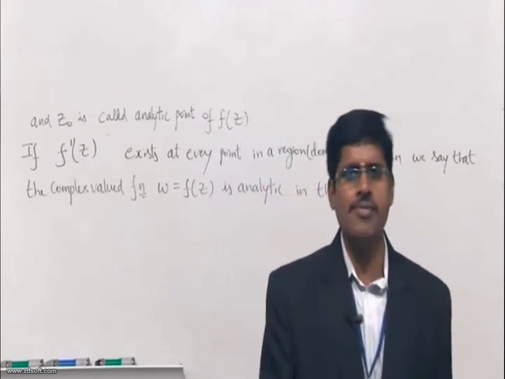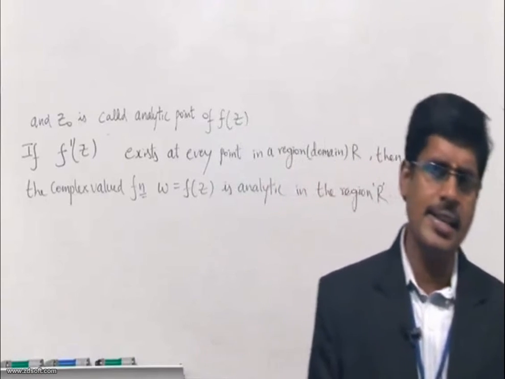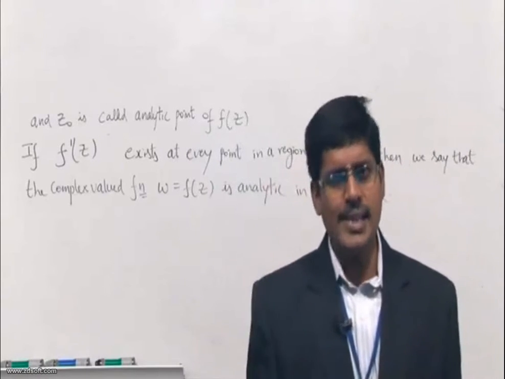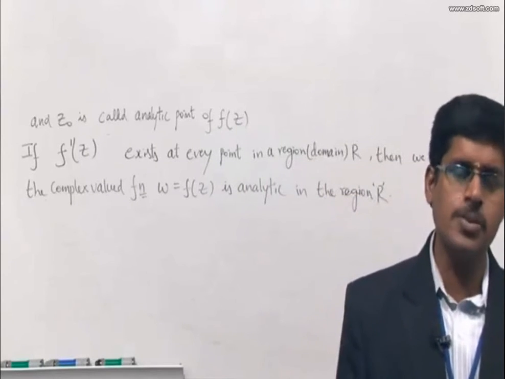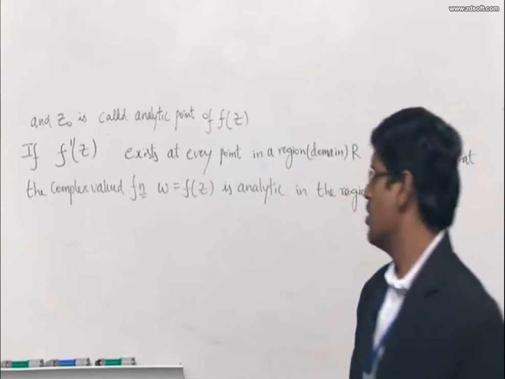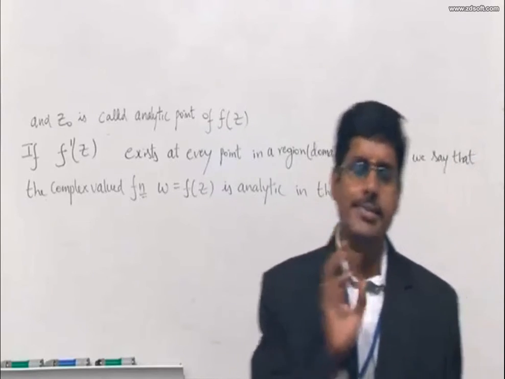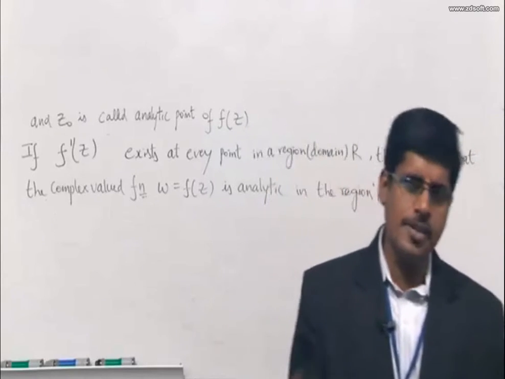You find some circle with a center at z0 and a radius say delta. Inside that circle, at every point, f dash z exists. That is, f of z is differentiable. That is called analytic at a point.